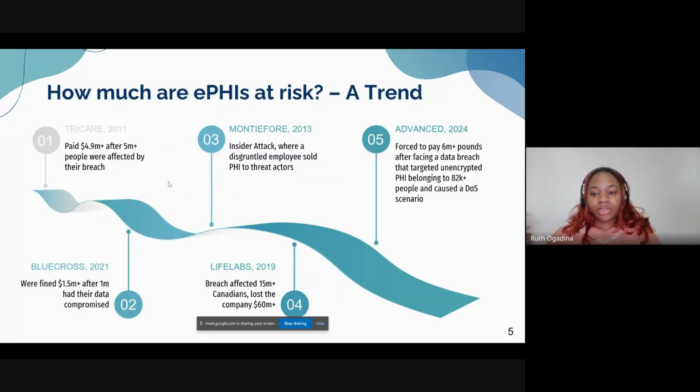So this is another trend I would like to talk about, showing different breaches that hospitals have faced, whereby they had EMR systems that were already integrated and faced data breaches that not only affected the customers that they had, but also affected them as they lost millions of dollars.